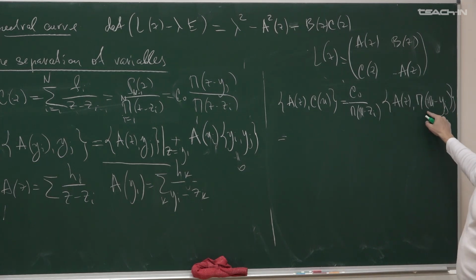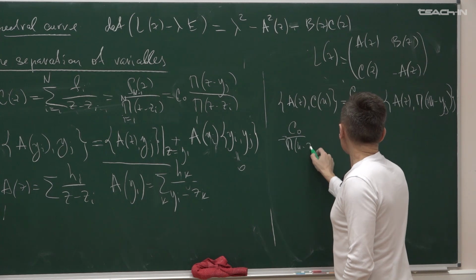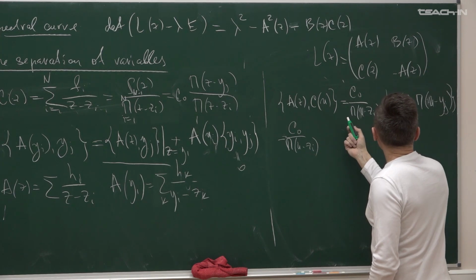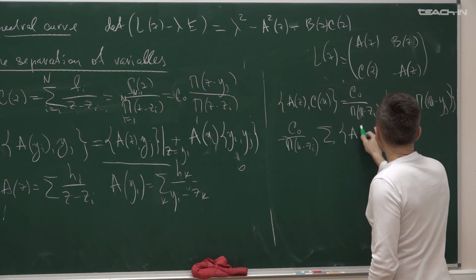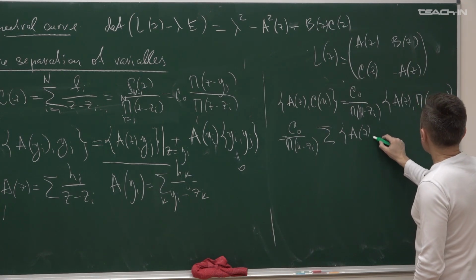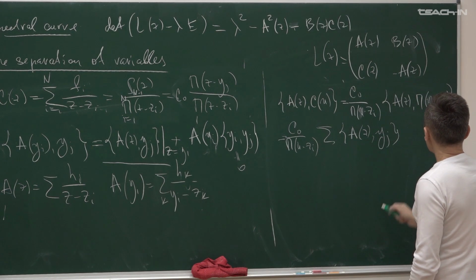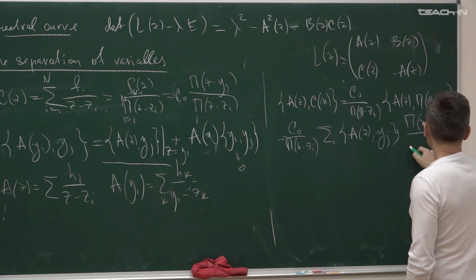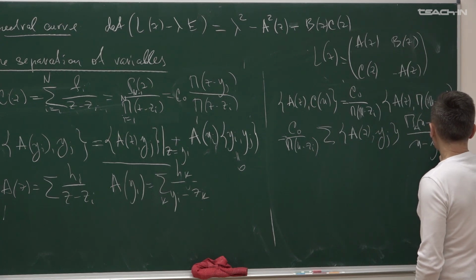Let us apply the Leibniz rule to the product of elementary polynomials. So it is C of Z over u minus Z_i, and here we have the sum of Poisson brackets of A of Z with y_j, times the product over u minus y_j.